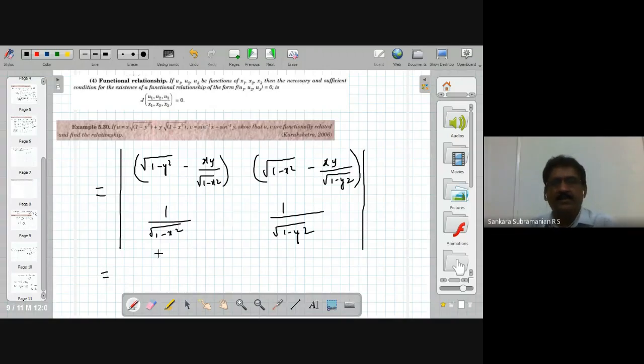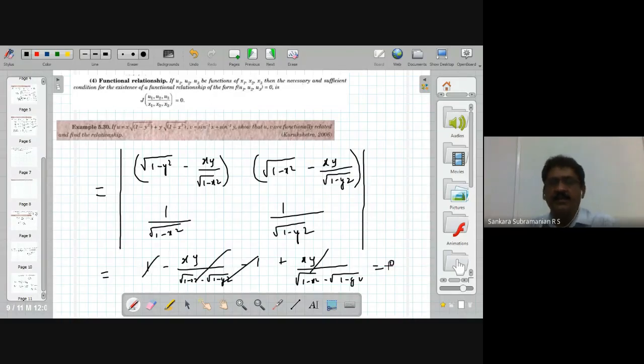So now if we multiply inside, you get 1 minus xy by square root of 1 minus x square into root of 1 minus y square. Here, minus 1, minus of minus, plus xy by root of 1 minus x square into root of 1 minus y square. It gets cancelled. You get 0. Okay, fine.